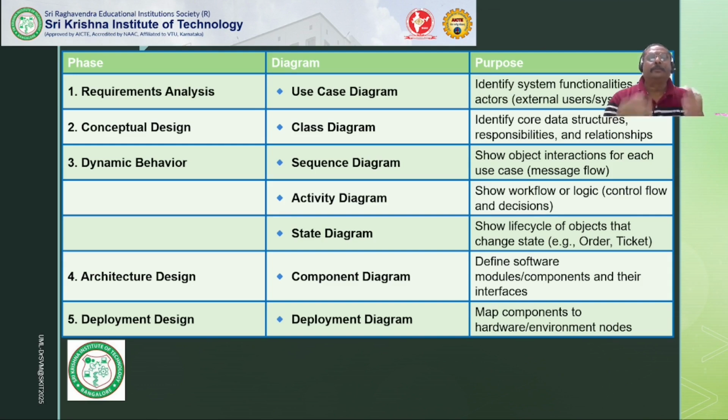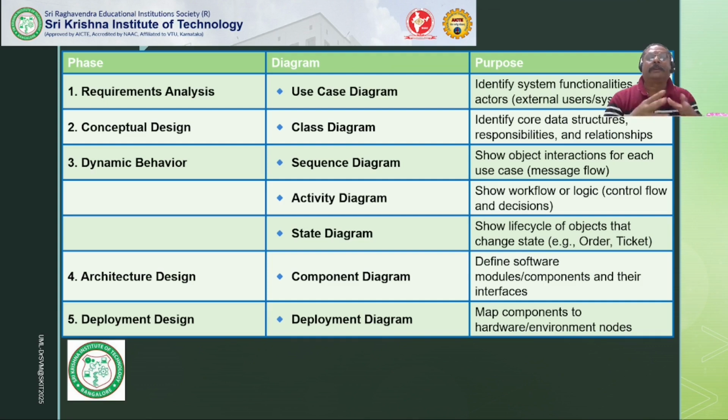That is shown as use cases, and who all are interacting with our system, the external systems and external users who are interacting with our system, are called the actors. So the use case diagram is the first thing we have to write when we are beginning to design any software. So then comes our conceptual design.